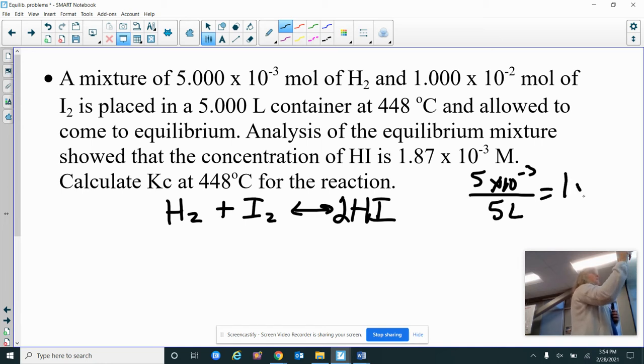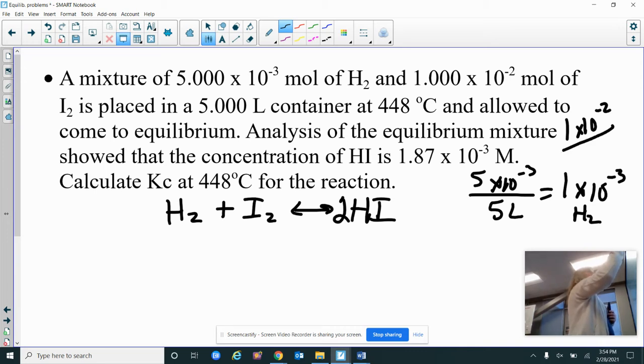So that makes 1 times 10 to the minus third for the initial concentration of H2. And for the other one, it's 1 times 10 to the minus second divided by the 5 liters, which is 0.002 molar for the I2.